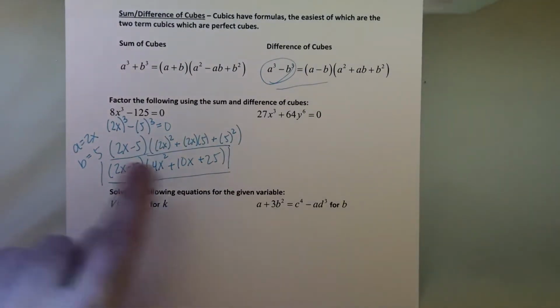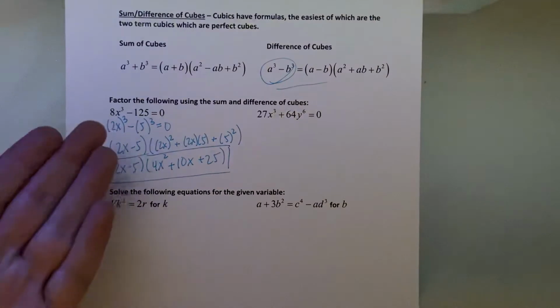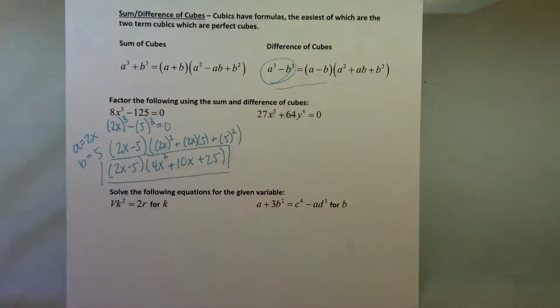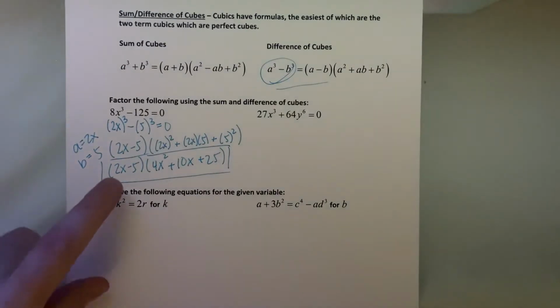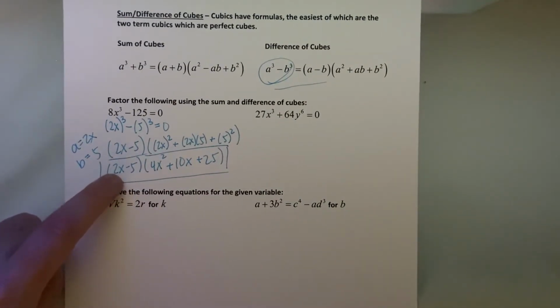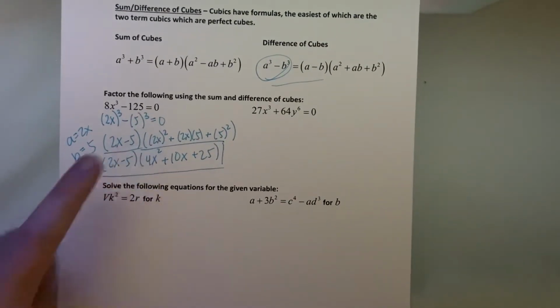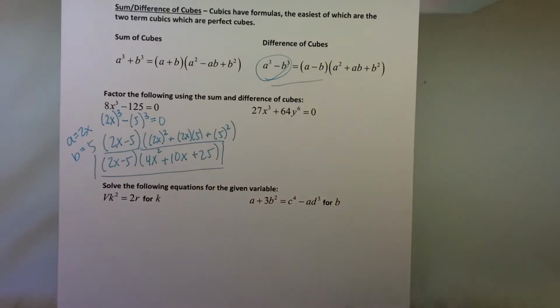And from here, if you are trying to find roots, instead of just factoring, you can set these equal to 0 to find potential roots. Most of the time, this will give you a real root. This one, you could use the quadratic formula, but it may not necessarily give you a root. Most of the time, it will give you imaginary roots, because they're not usually factorable over the reals.